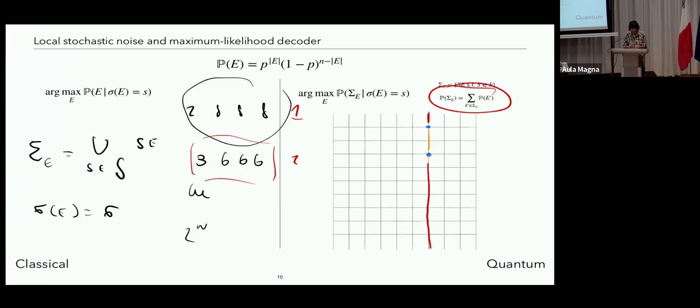But to actually do the maximum likelihood decoder, so given a syndrome, minimizing over the probability of the class of error, you're going to find that the one that doesn't contain the minimum one is taken.